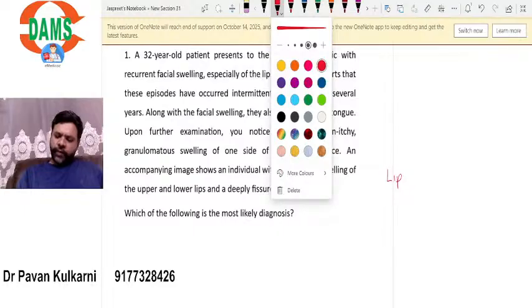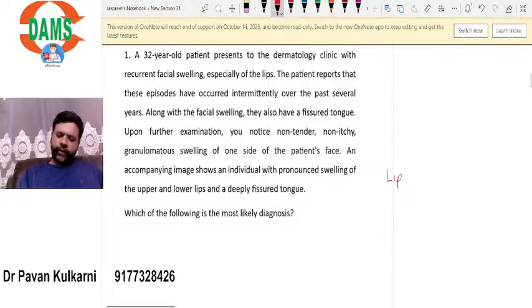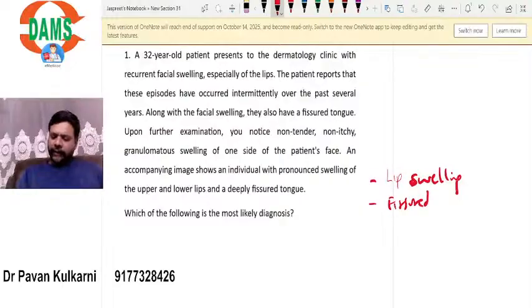Then the patient has the fissured tongue, and the patient has the granulomatous swelling, particularly of the lips, that is called cheilitis granulomatosa.